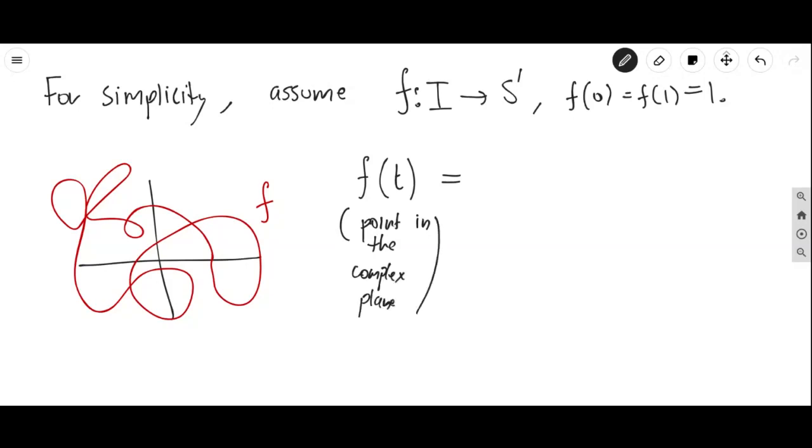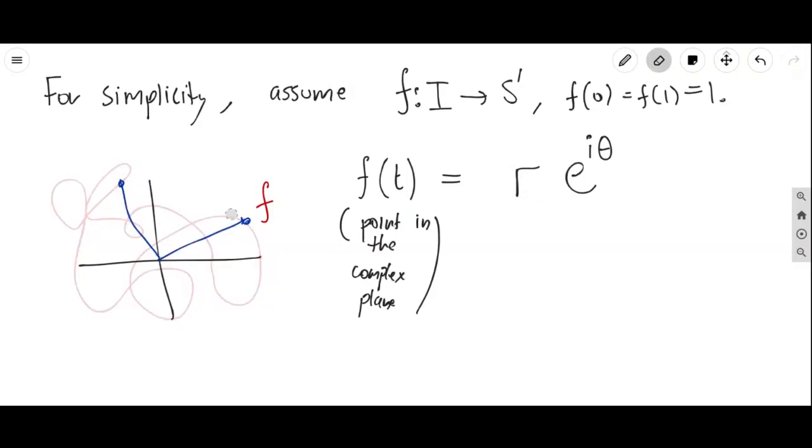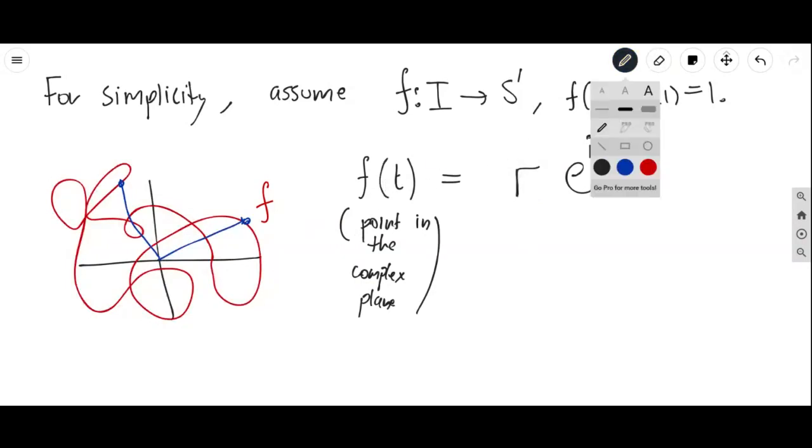And since it's a point in the complex plane, you can write it using Euler's formula. It has a radius and it has an angle. Now, the radius and the angle will depend on t, right? Because as you move along, whatever the radius and the angle is here would be different from the radius and the angle there. So the radius of that complex point and the angle that it creates will vary depending on time. So really, this is r of t, and this is theta of t.